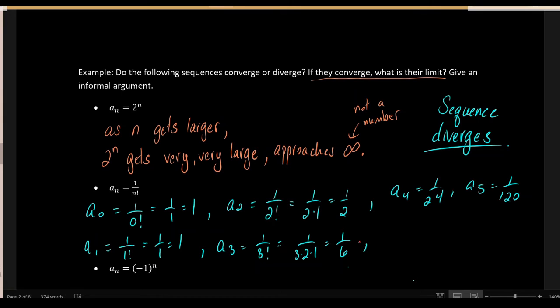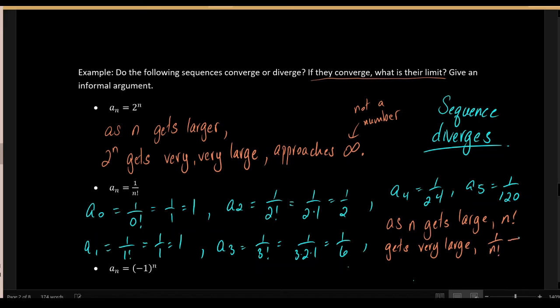And as n gets larger and larger, and we divide by more and more, the result will get closer and closer to 0 as n gets large. N factorial gets very large, so 1 over n factorial goes toward 0.